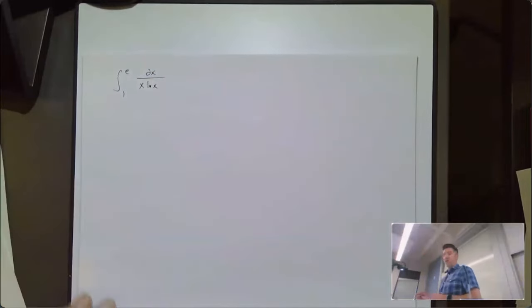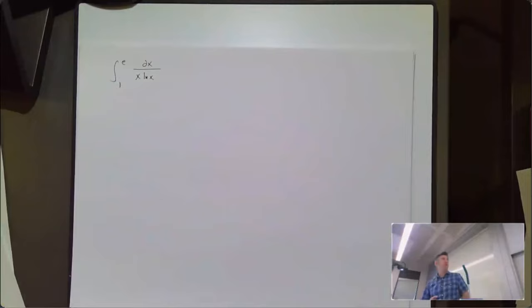So if someone didn't tell you that this was improper, you might miss it. But this definitely is improper because the function inside the integral, the integrand, is undefined when x equals 1. Natural log of 1 is 0, and we can't divide by 0.